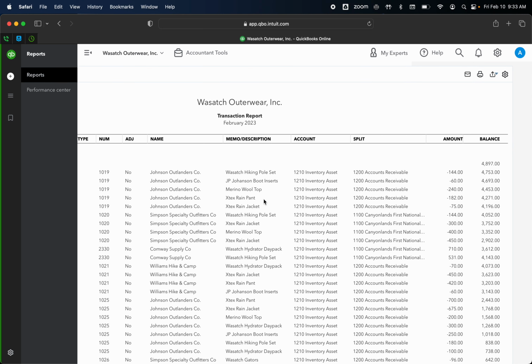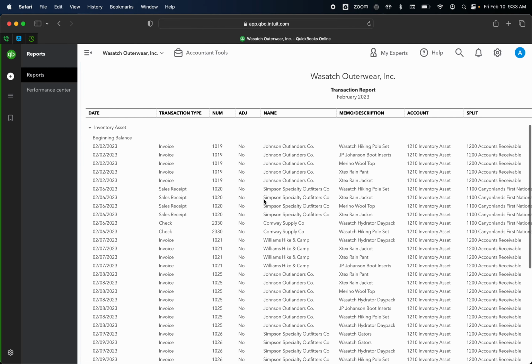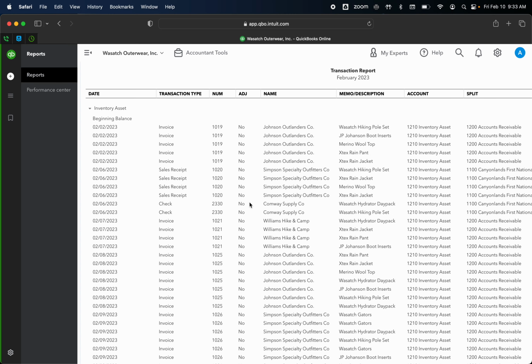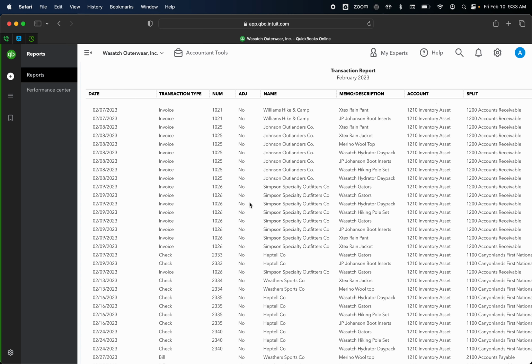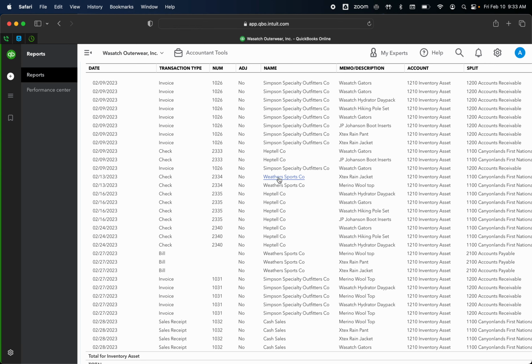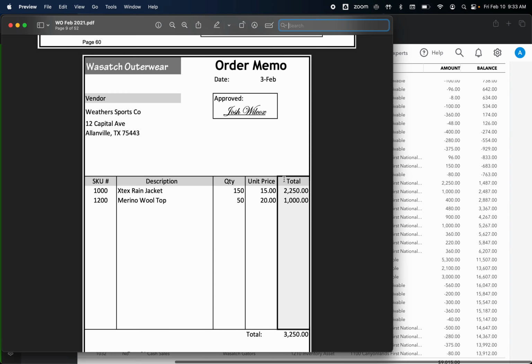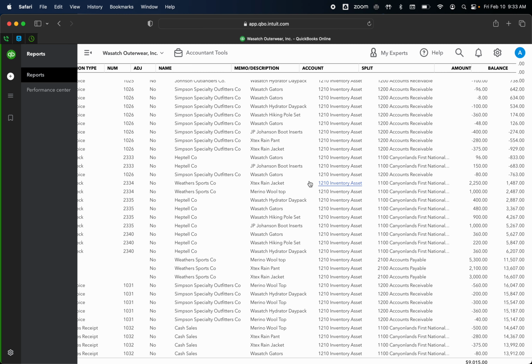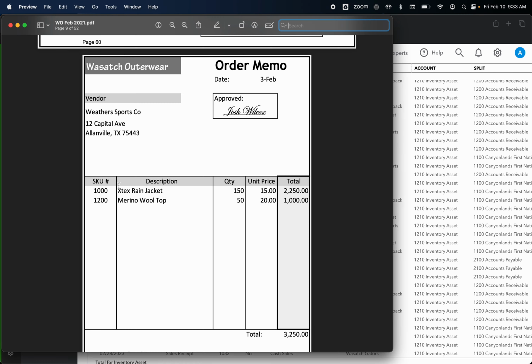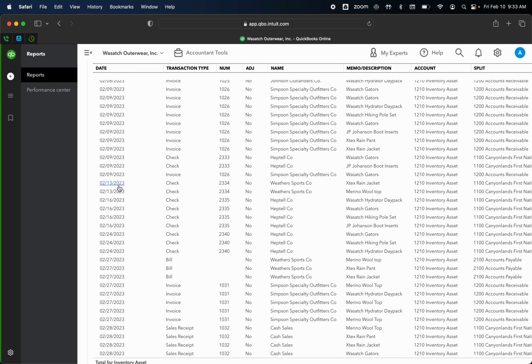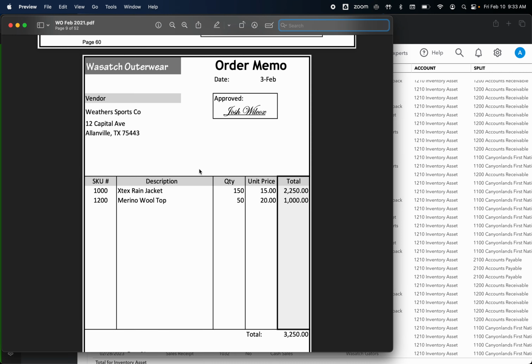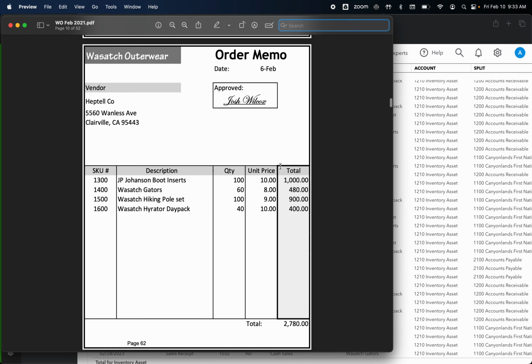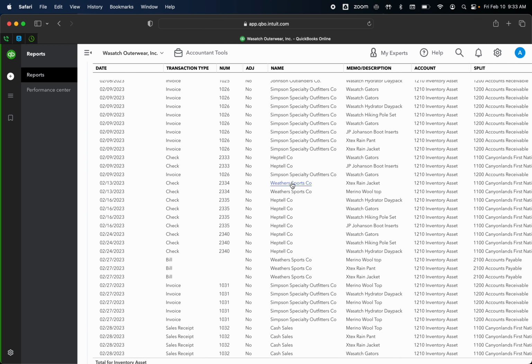X-Tex, Rain, for Johnson. This is Weather Sports. We have this Weather Sports for 22. So it's here, it just has a different date. So I guess there's that one. Order memo for Heptel.